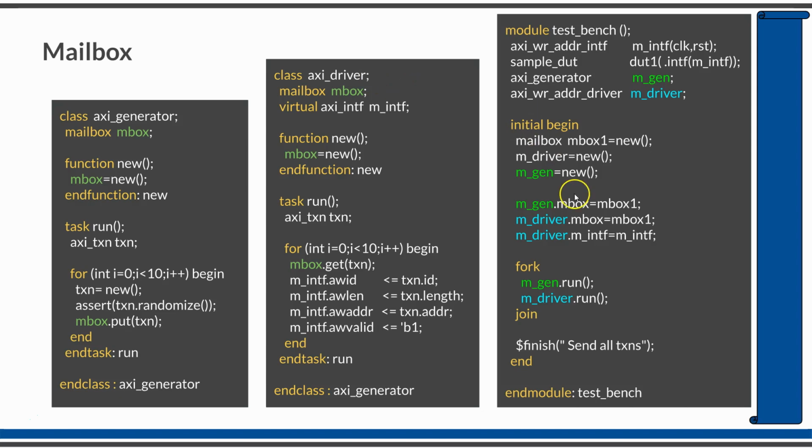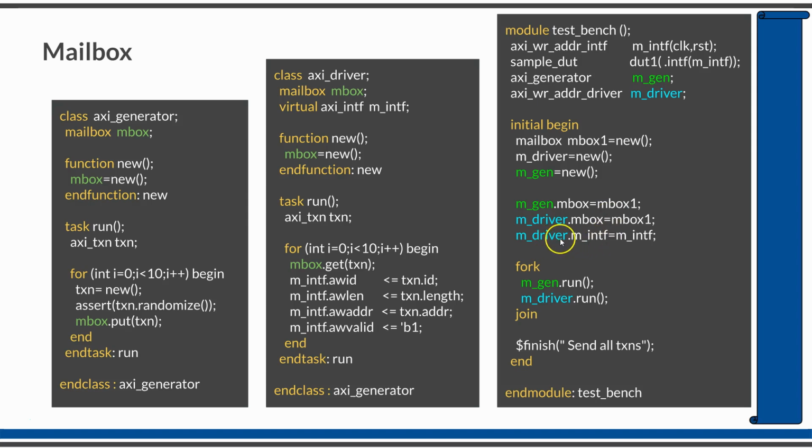That is done by this set of statements, which is mgen.mbox equal to mbox1 and mdriver.mbox equal to mbox1. Note that mbox1 is the local mailbox within this initial begin scope. Therefore, both the driver and generator are pointing to the same mailbox. So whenever the generator is sending a transaction to its mbox mailbox, it will be available in the driver mailbox as well.